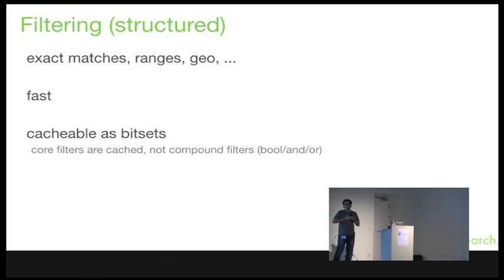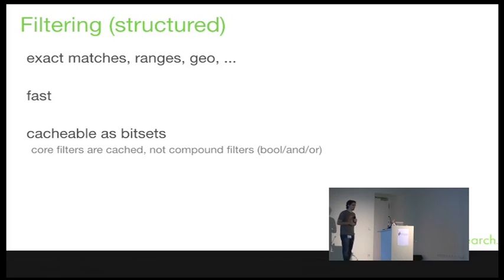So if you have 10 filters in your query, and only one of them keeps changing, you will always reuse the 9 remaining caches. So this is something that makes our filtering very fast and very efficient.